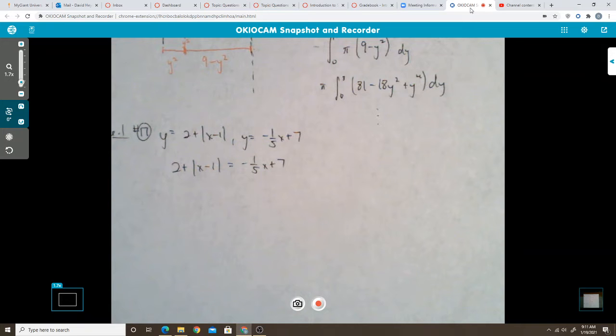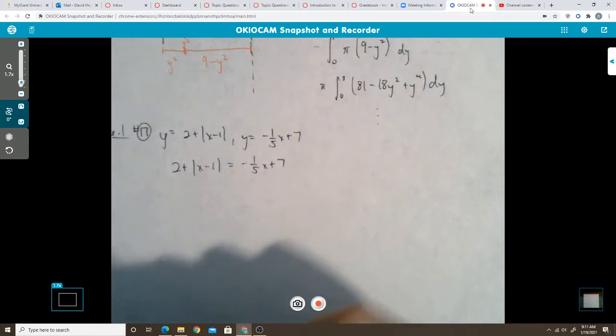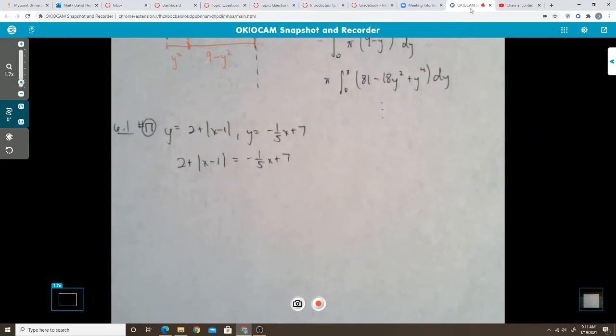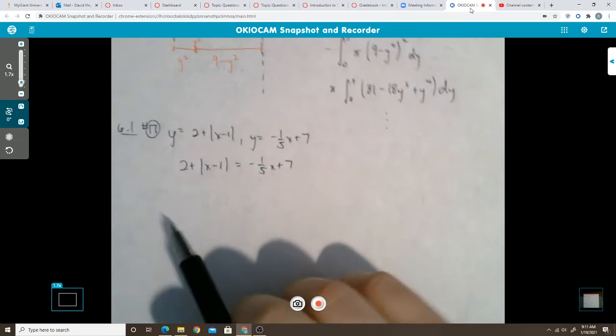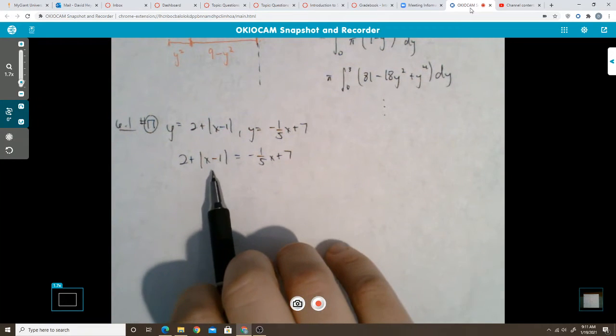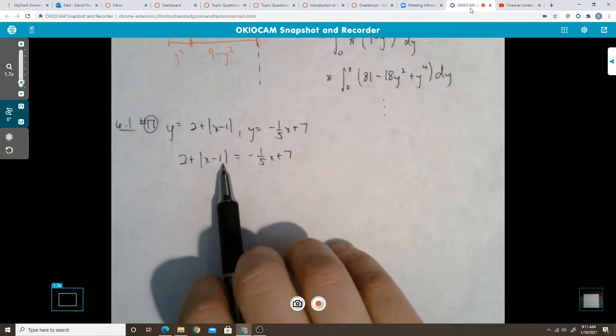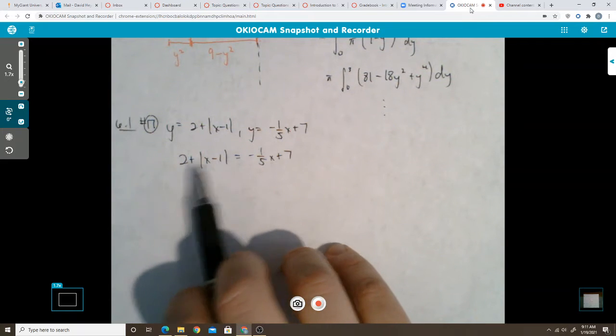Okay, so the key for problems like this is to understand what absolute value of x minus 1 means, right? It means that if you plug in a value for x and the answer you get here is negative, then you're going to make it positive.